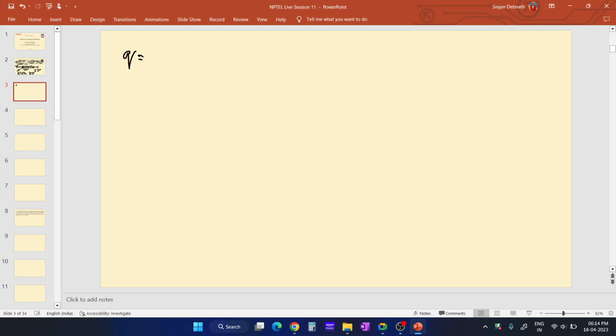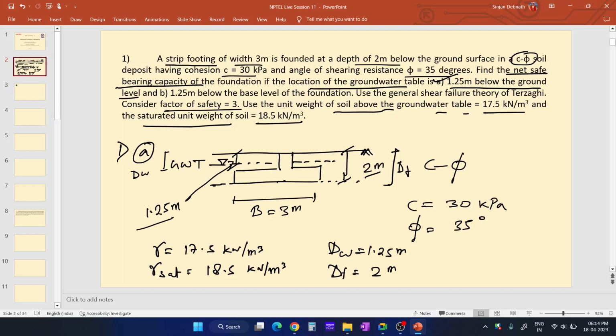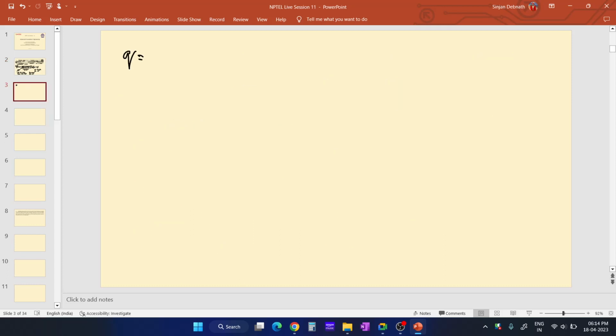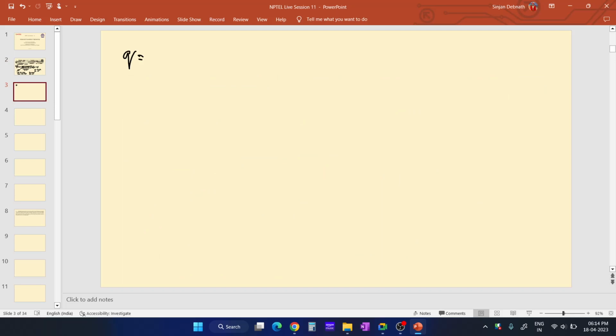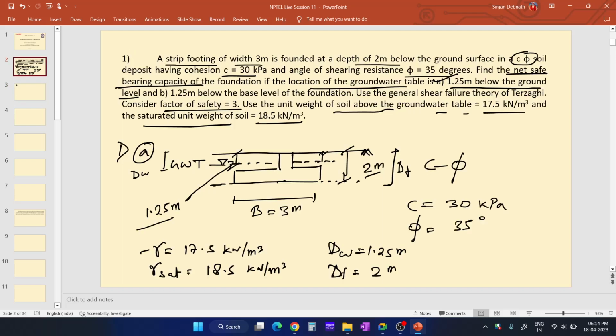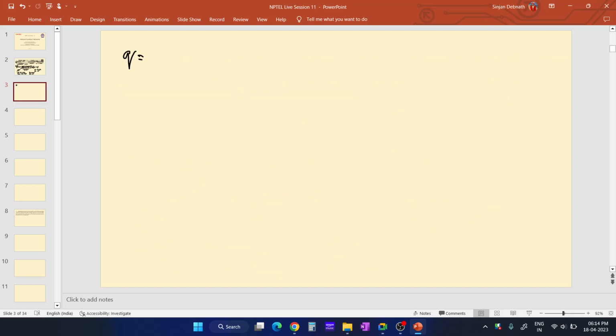So q is equal to, for the top portion, we will use gamma, the unit weight of soil above the groundwater table, into dw, the depth of the water table.